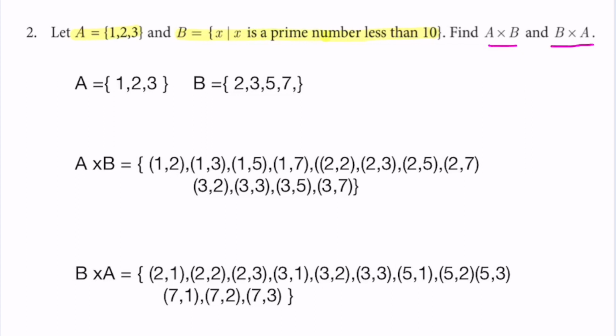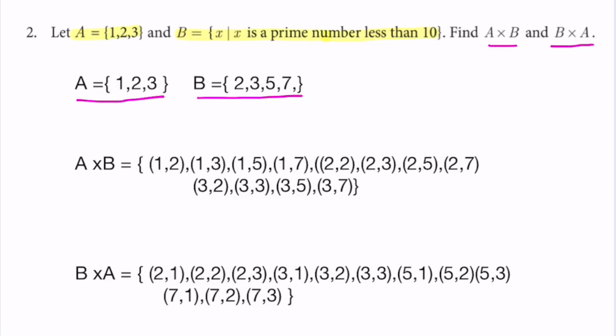A equal to the set 1, 2 and 3 and B equal to the set 2, 3, 5, 7. Now we have to find A cross B. So we have to form the ordered pairs from A to B.